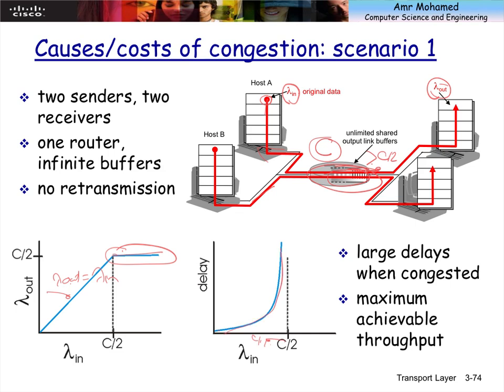So the queuing delay will grow exponentially. Make sense? That's a very simple scenario that shows the effect of congestion. But still, we can live with that. If lambda out grows until C over 2 and then keeps itself fixed, we can live with that. There is no serious issue so far.